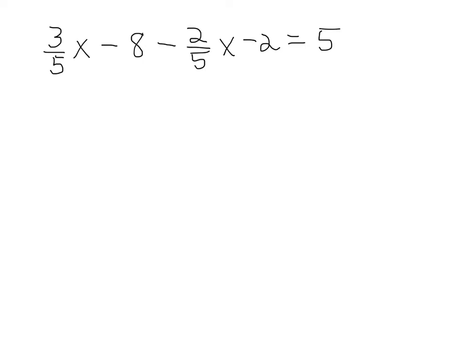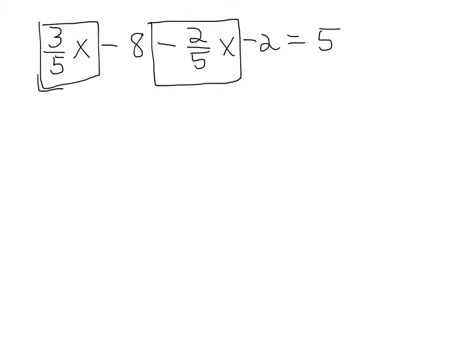I am going to combine my like terms first. They are 3/5 x, and if there is no sign, I hope you know that's positive. And this is what I mean by including the sign in front of the number. This is positive 3/5 minus 2/5 or plus -2/5. 3/5 minus 2/5 is 1/5 x.